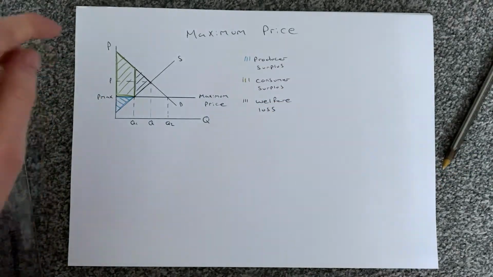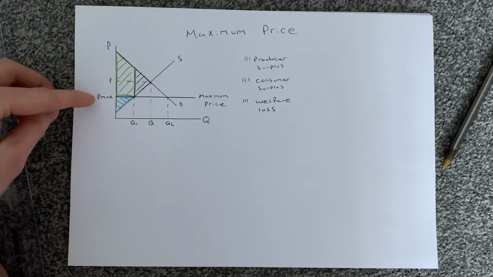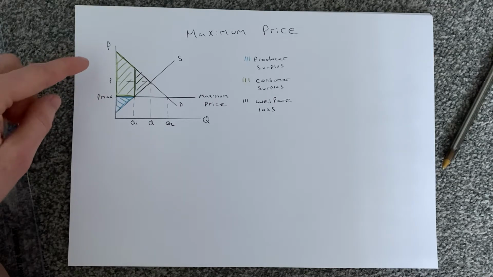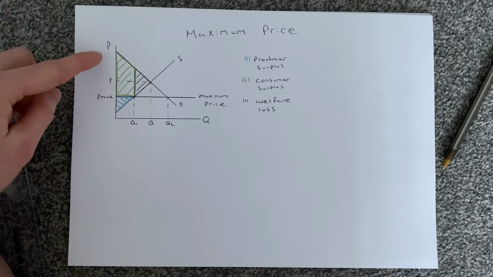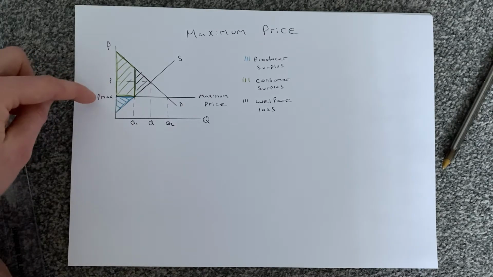So just to reiterate, the producer surplus falls because the price has fallen from P to P max, so fewer producers are willing and able to sell at that lower price of P max at a particular point in time. Consumer surplus does increase because consumers are now able to obtain the product at a lower price, with the price falling from P to P max.